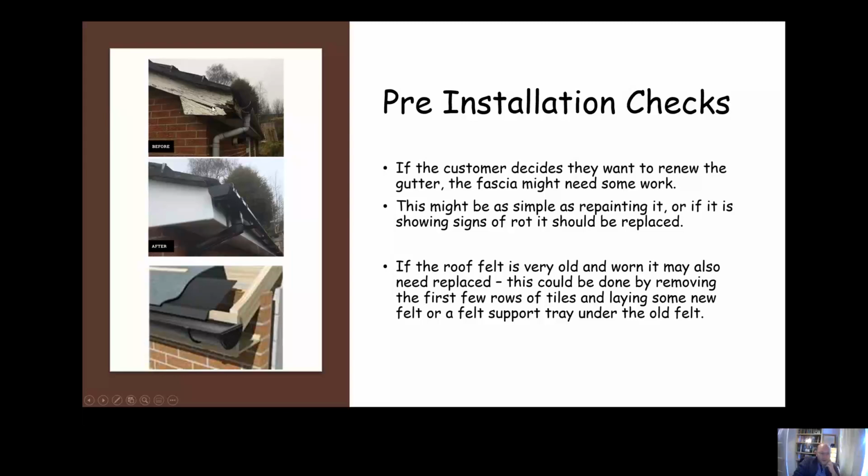Often fascias, which is the front bit that the gutter is normally fixed onto, might need to be replaced if they're in really bad nick, or repainted if they're in decent nick. If the roof felt is an issue, you might need to take back a few layers of tiles and put something underneath the roof felt to support it and ensure the water flows off and into the gutter.